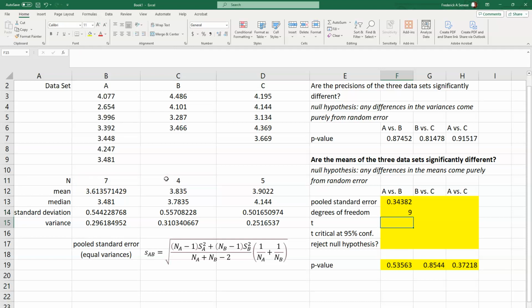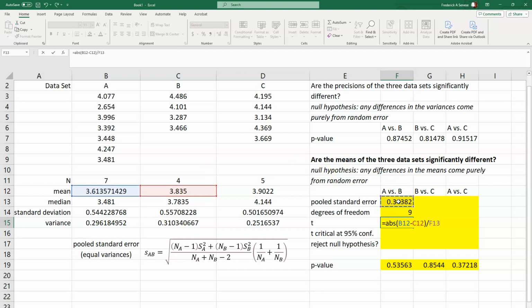Now I want to calculate a t-value for this, and the t-value is going to be the difference between the means divided by this pooled standard error. And I'm going to strip the sign off of it. So it's going to be absolute value of the difference between these two means. It doesn't matter which one I put first or second, because I'm taking the absolute value of it, divided by my pooled standard error.